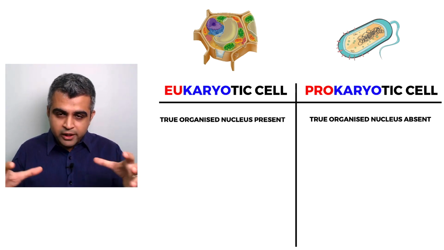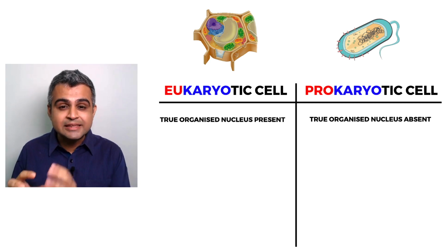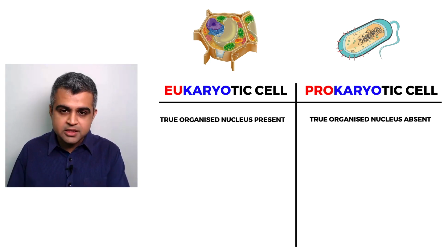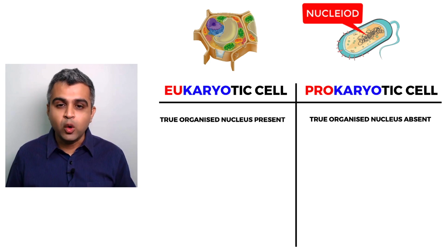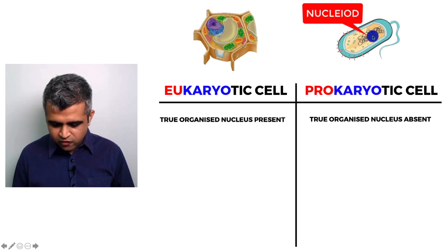So there is no boundary to keep that chromosome intact. So in the case of a prokaryotic cell, that nucleus-like area, not nucleus, can also be called a nucleoid. So here there is a true organized nucleus which you can see here, and here this rough area can be called a nucleoid.